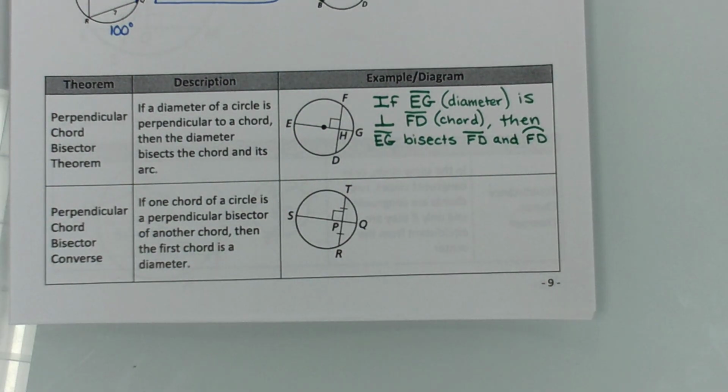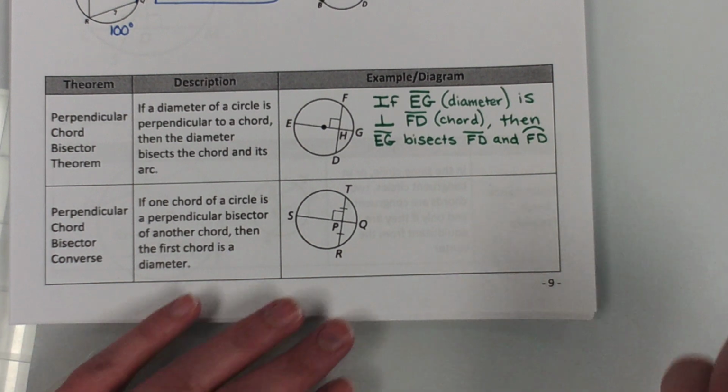Okay. Now, that didn't necessarily make it any clearer on what's actually happening in the picture, did it? No. Okay. Bisect means to cut into two congruent parts.